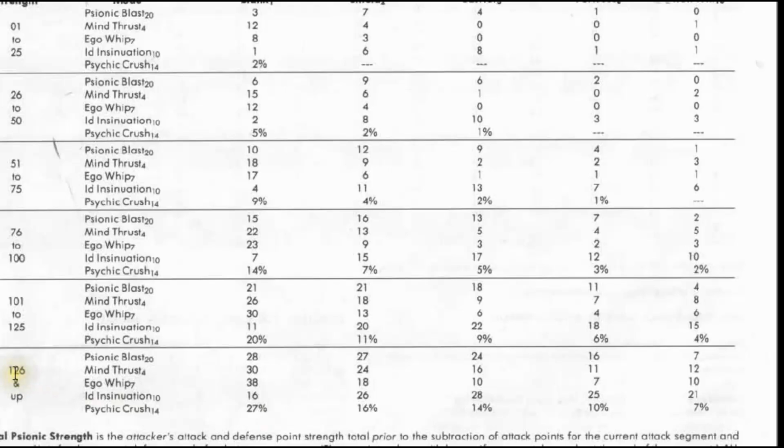So if I'm in this big category down here, where the numbers are higher because I'm starting with more strength, 126 and up, and he chooses the mind blank as his defense, and I choose the psychic crush, then I have a 27% chance of killing him outright. Sounds pretty good, except if I fail, then I'm the one who's helpless. So it's really not all that great a thing to do.